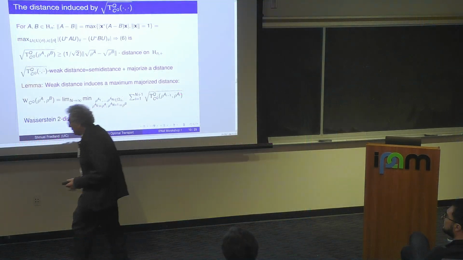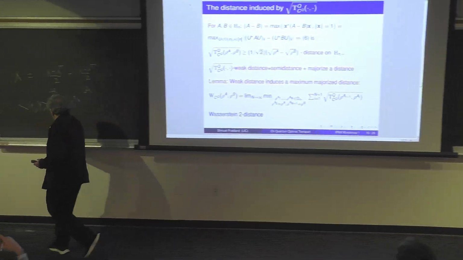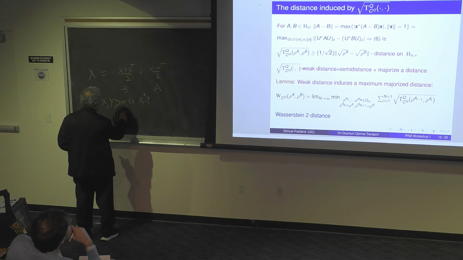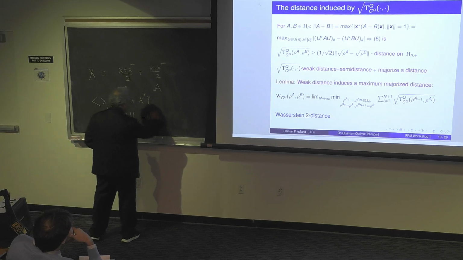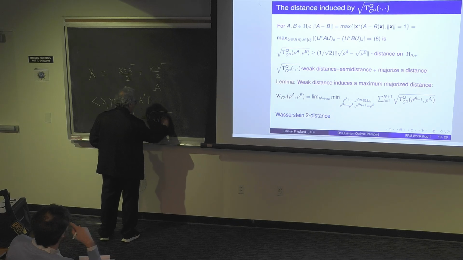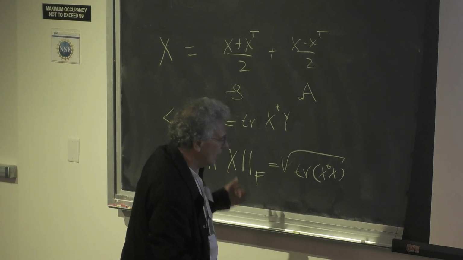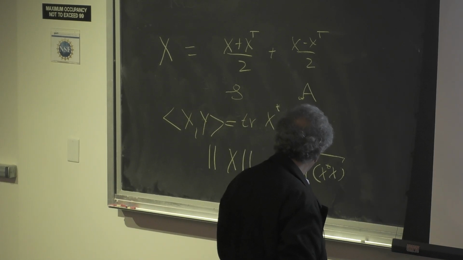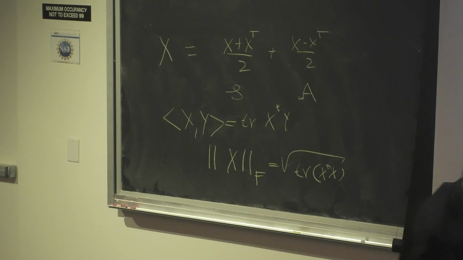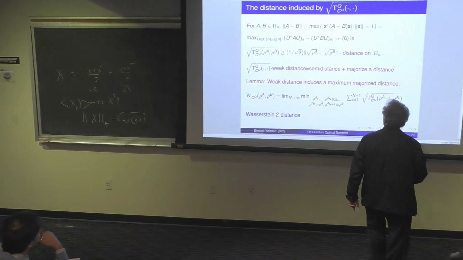So the Frobenius norm of X is the square root of the trace of X star X. In other words, it's just a standard L2 norm, and this is the inner product that I mentioned.